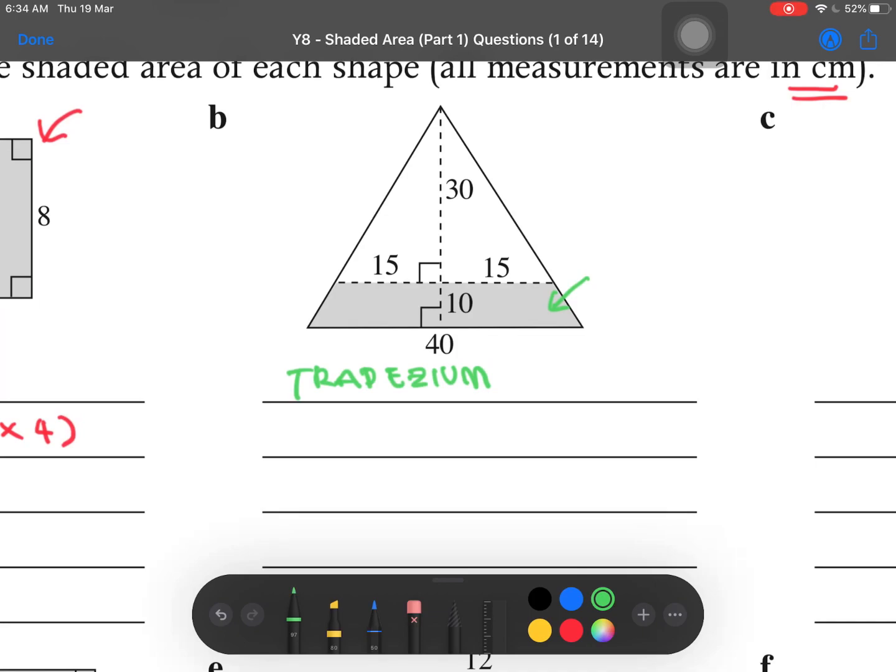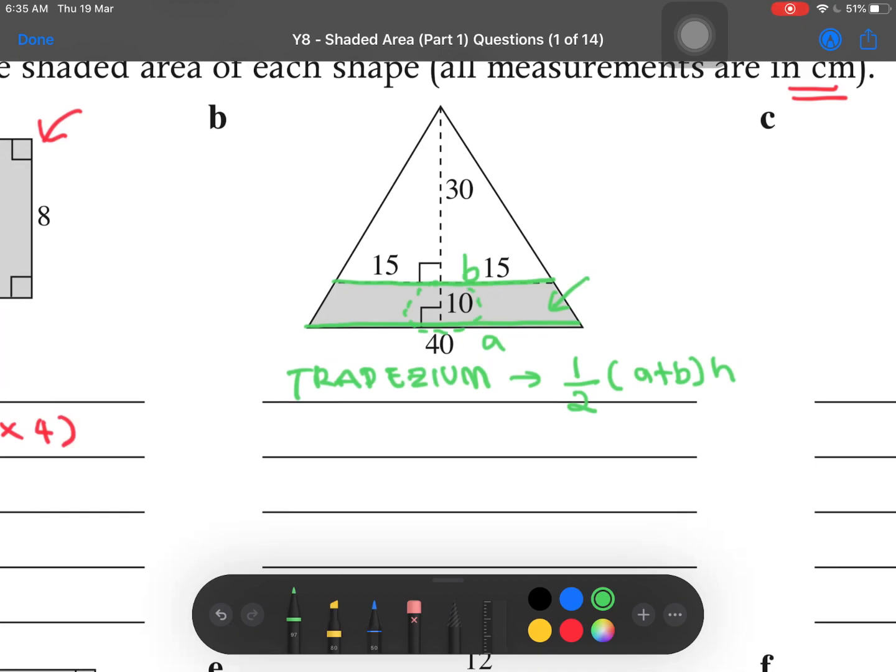For trapezium, the formula is half multiplied by a plus b and multiplied by perpendicular height. You also must know where all these a, b, and h are. a and b are the two parallel lines from your trapezium. This is a and this is b. And the height has to be the perpendicular height, so it's this one.